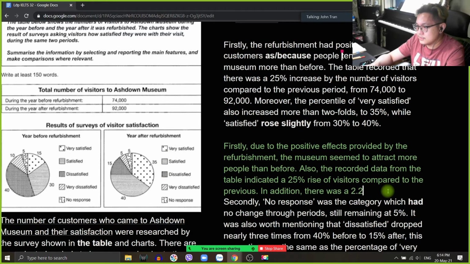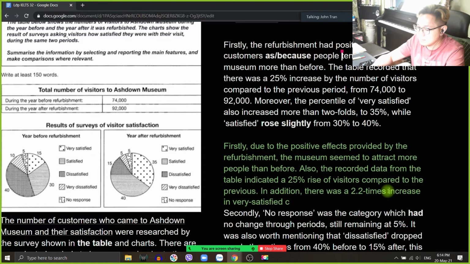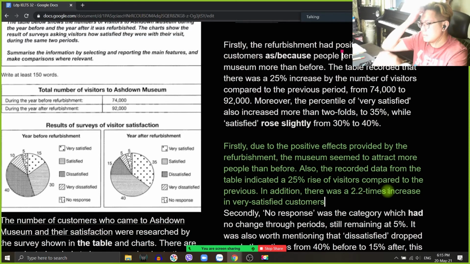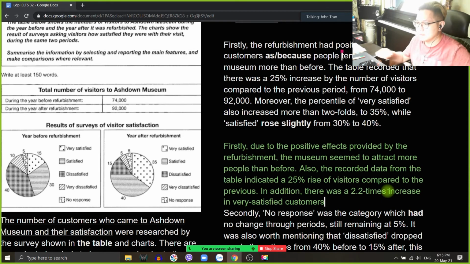Let's just say there was a 2.2 times increase in very satisfied customers. Đã có một cái sự gia tăng 2.2 lần ở những khách hàng rất mãn nguyện.